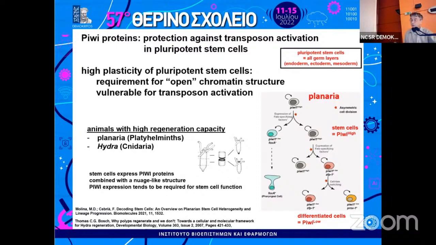So the pluripotency requires an open chromatin structure, and they are vulnerable to transposon activation. That's why they need expression of these PIWI proteins. And this is actually observed in animals with a high regeneration capacity, like planaria and hydra, where you have a very high expression of PIWI proteins in the stem cells.